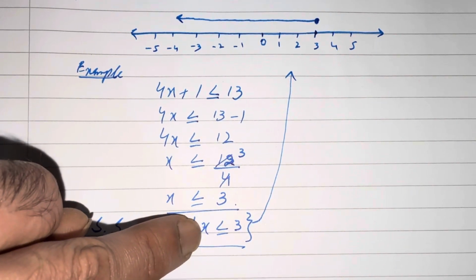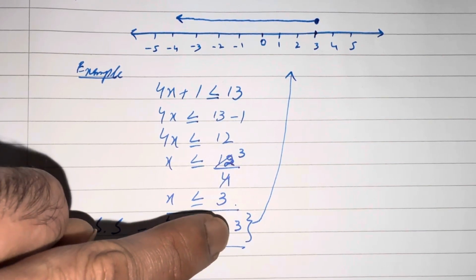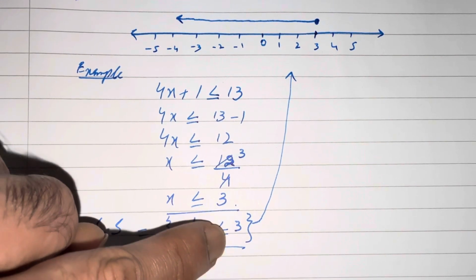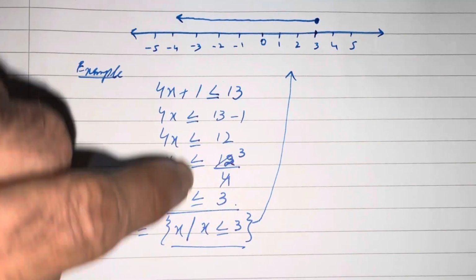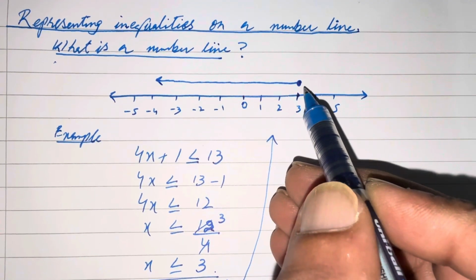So all the values represented by x are less than equals to 3, meaning all the values on the number line will be less than and equal to 3.